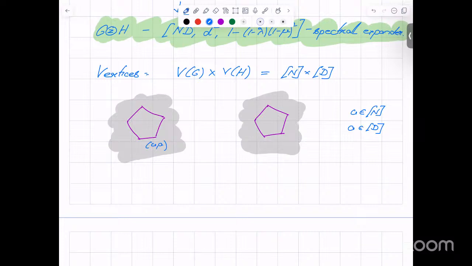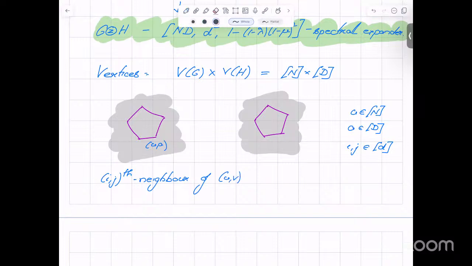And let i and j both belong to small d. We are going to explain what the (i, j)th neighbor of (u, a) is. How do we do it? We first take the ith neighbor of a within the current cloud.